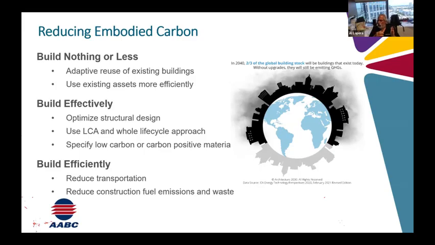And then they also reduce the transportation or reduce the construction. What do you mean by reducing transportation? Try to get something that's closer to the job site instead of getting it from a plant that's 1,500 miles away. You can get something produced that's only 700 miles away or 500 miles away. That's how they're talking about reducing the emissions.